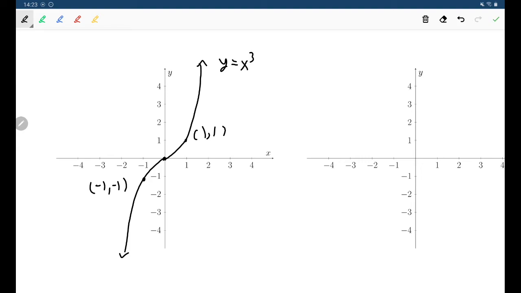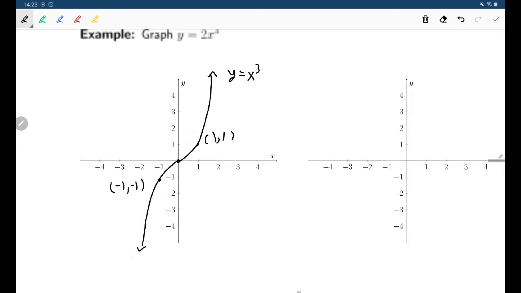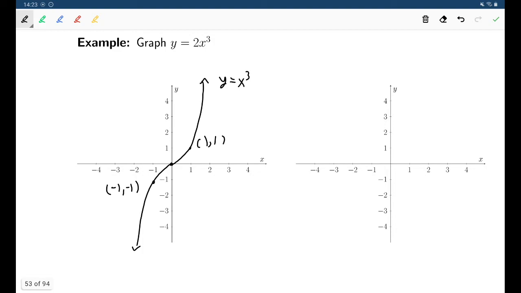And now to carry out the transformation, that vertical stretch by a factor of 2, I'm going to take all of my y-coordinates and multiply them by 2. So (1, 1), when you multiply the y-coordinate by 2, you get the point (1, 2). (Negative 1, negative 1), when you multiply the y-coordinate by 2, you get (negative 1, negative 2).